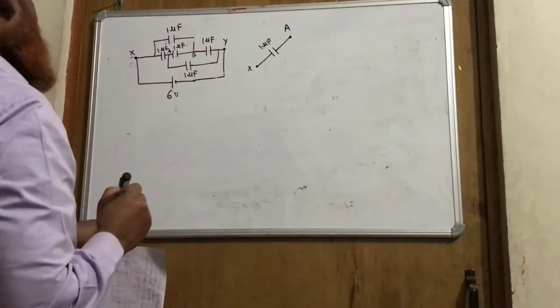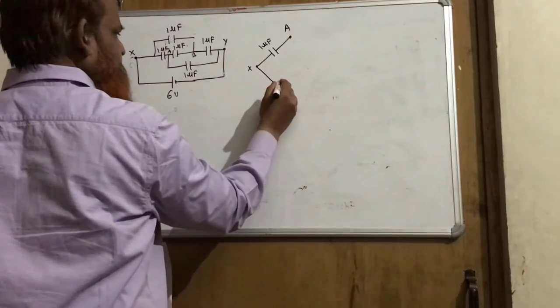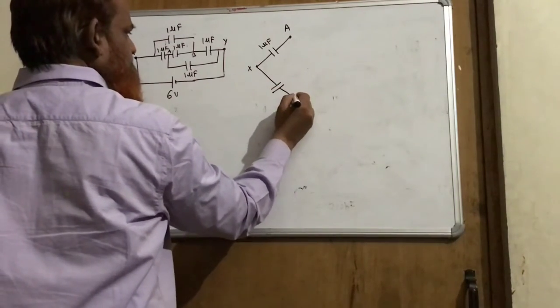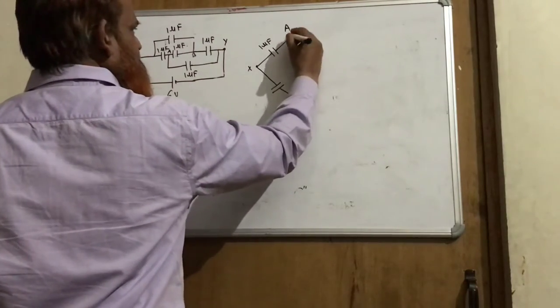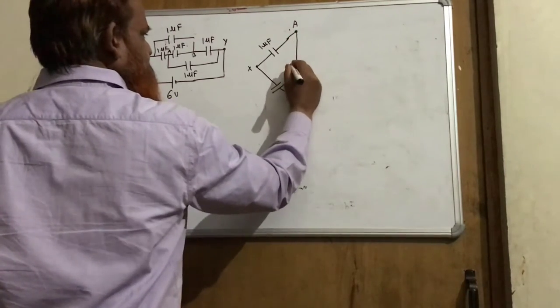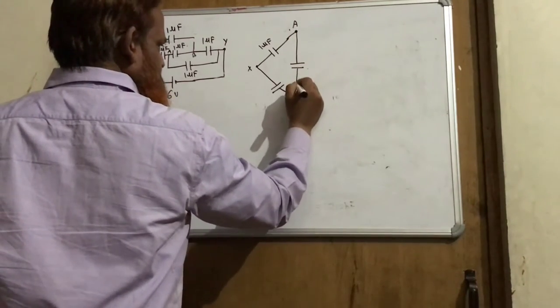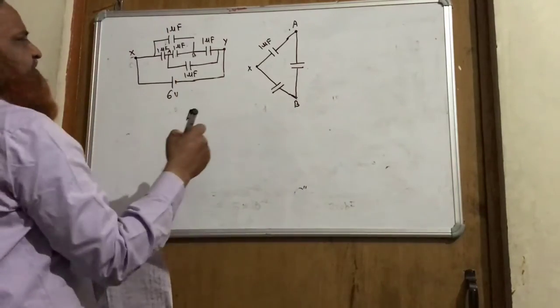Between X and B, another 1 microfarad. Between A and B, 1 microfarad again.